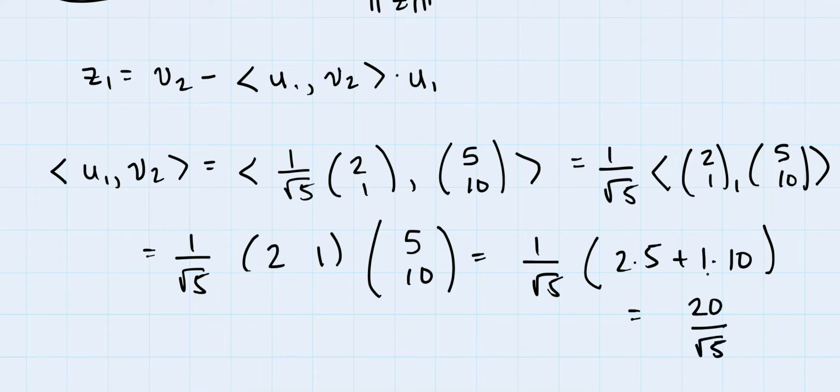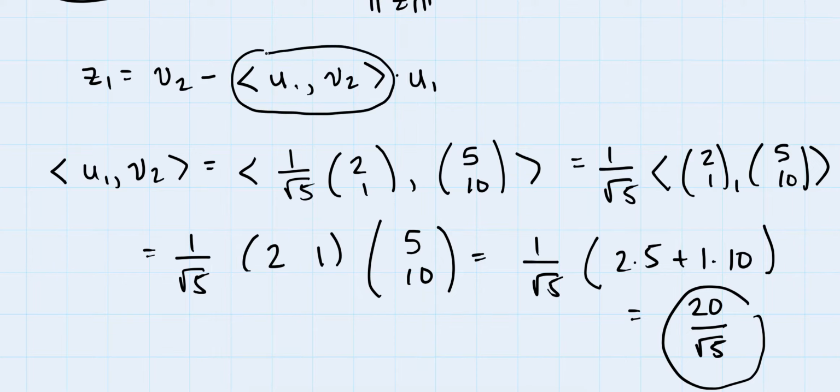I'm not going to rationalize this, I'm going to leave it just like that. So this number, 20 over square root 5, goes right here. So let's plug that in.